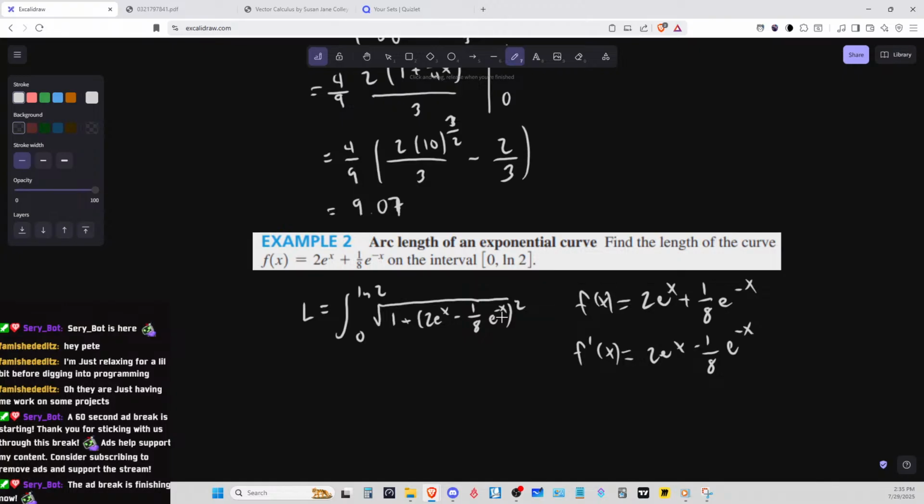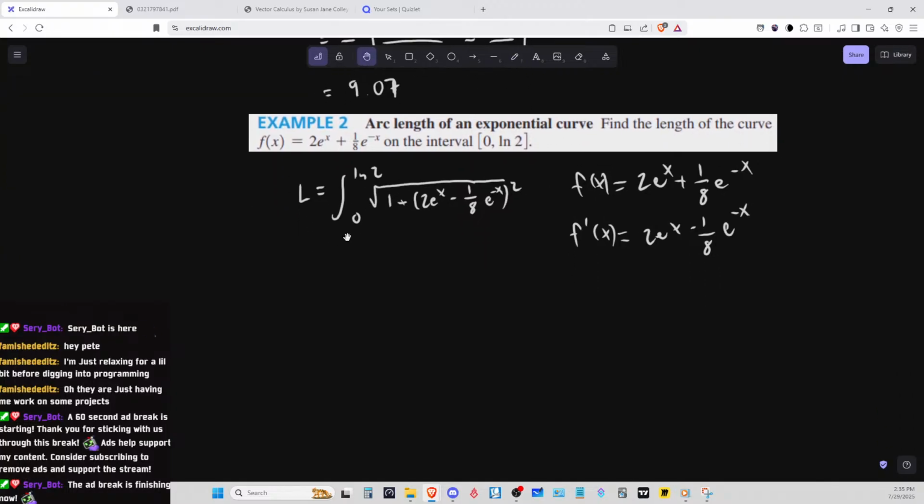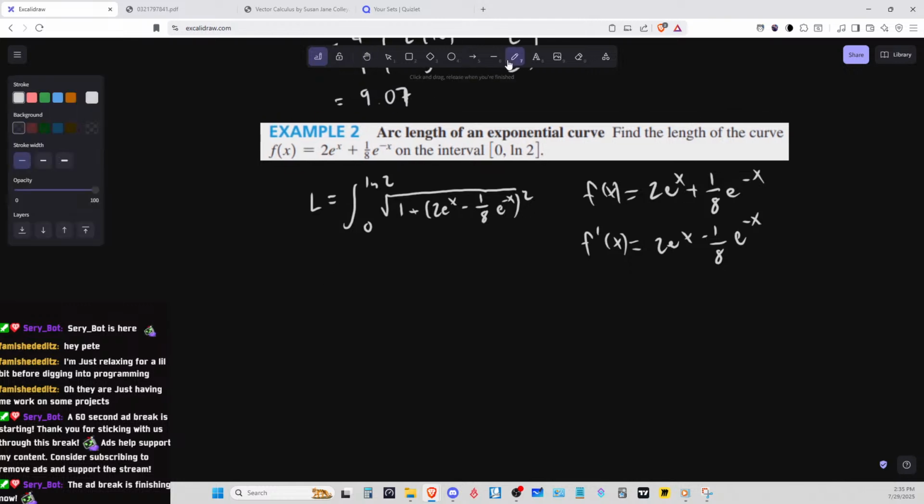Okay, now we're going to have to expand this complicated expression. So let's just write this FOIL out because I think it's easier for me to do so.